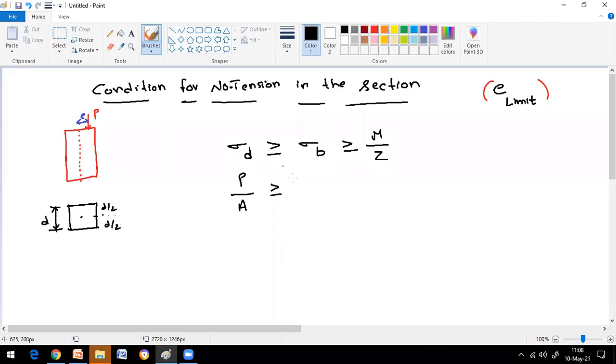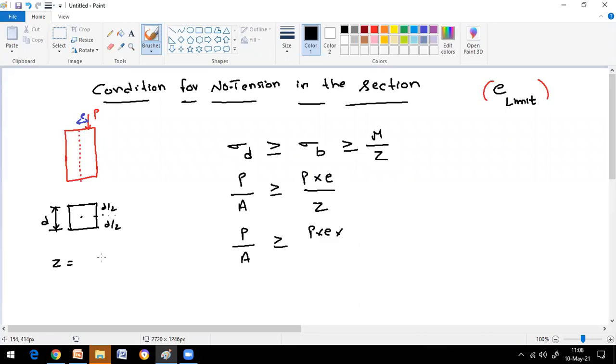What is the bending stress? Load into distance, by Z. P by A is greater than or equal to M by Z. What is M? Load into distance, so P into e, by Z.